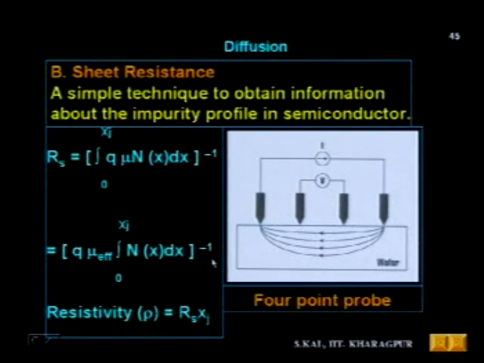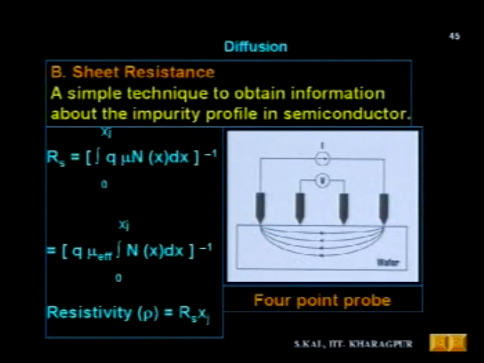Reciprocal of that, you see, to the power -1 here it is written, and you will get the sheet resistance. And sheet resistance multiplied by xj will give you the resistivity, and 1 by resistivity will give you the conductivity.